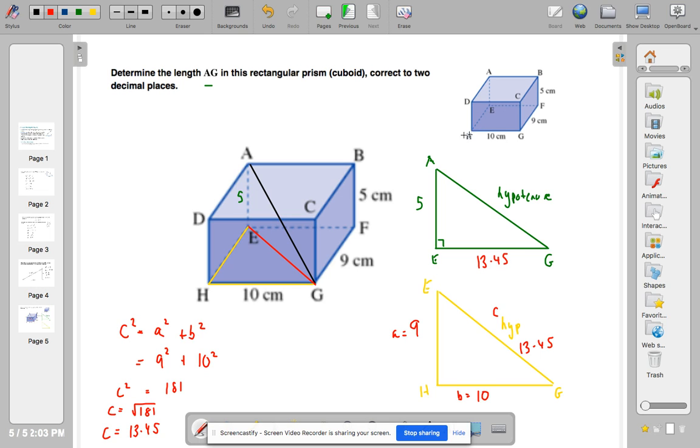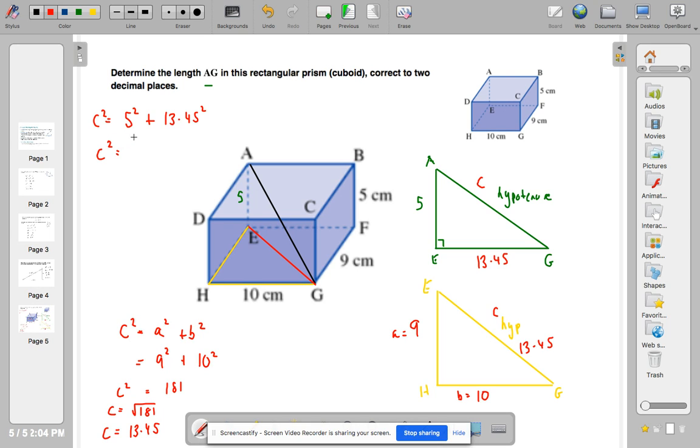So I can now work out the distance AG. Once again, it's Pythagoras because now we're looking at C. So C squared equals 5 squared plus 13.45 squared. Okay, so C squared equals 13.45 squared plus 5 squared, and then we get the square root of that in a minute.